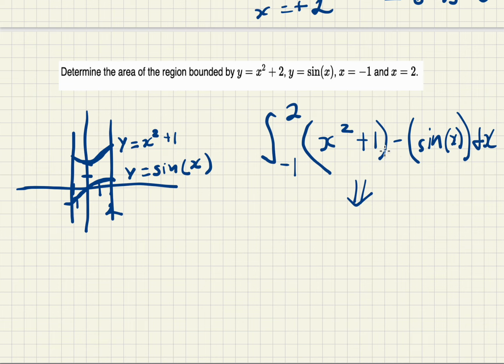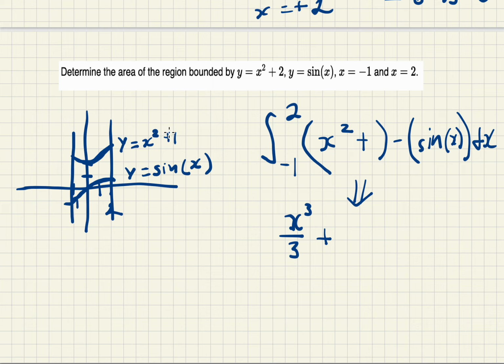Once we integrate this, we should get x cubed over 3 plus... I accidentally wrote x squared plus 1.